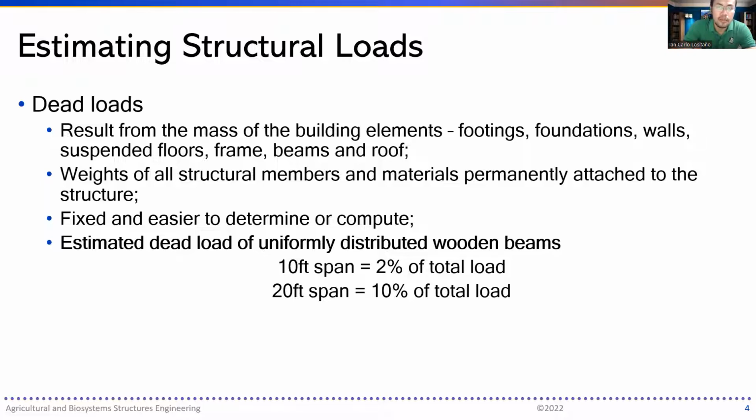This could be easily derived based on assumptions. For example, in uniformly distributed wooden beams, for a 10 feet span, that would be 2% of the total load, and for a 20 feet span, that would be 10% of the total load. That's the dead load.